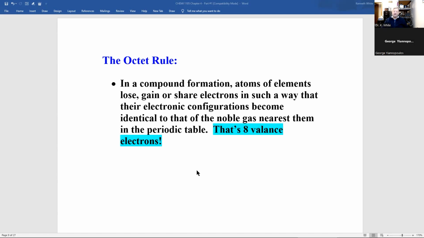What that really means, and why this is called the octet rule, is octet, 8. A quartet is 4, an octet is 8. Think about octane number; I'll teach you that later in the semester. It means the atom has 8 valence electrons, same as the nearest noble gas. I'll never ask on a test or the final, what is the octet rule?